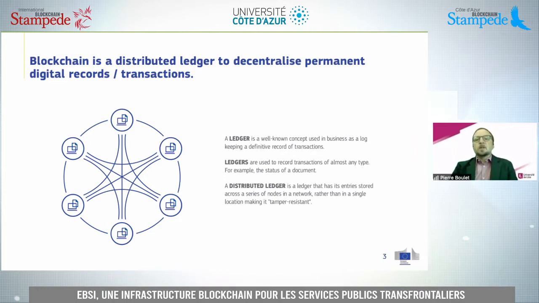A distributed ledger is a ledger where the entries are stored across nodes in a peer-to-peer way, making it tamper resistant. Every operator has a copy of the ledger itself. And if you want to modify something which has been written on the ledger, you need to acquire the control of a large proportion of the operators of the system.